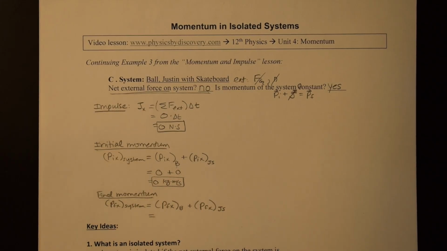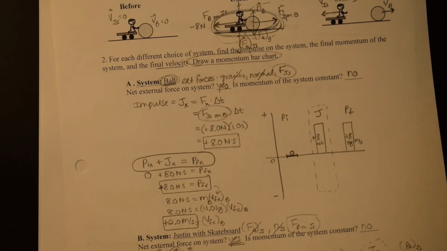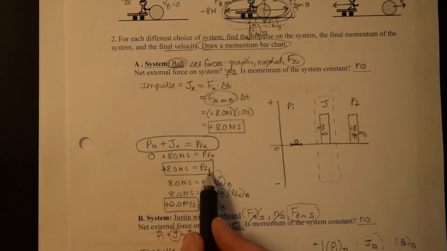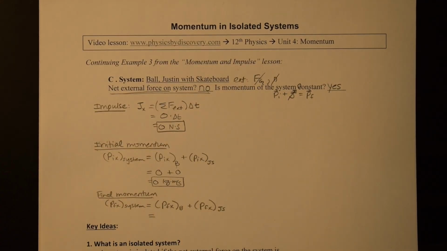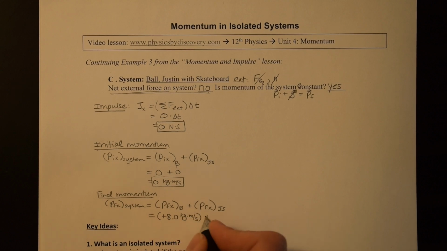And we found these values already in A and B. So the final momentum of the ball was +8, and the final momentum of Justin and the skateboard was -8. So +8 and -8. Adding these together, we get 0 for the final momentum of the system.